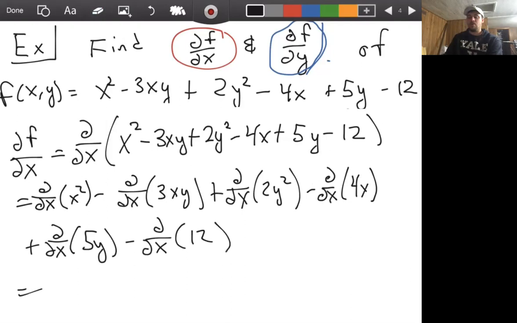And so we'll get to the point where we don't have to write out partial x every single time, but to get the idea of using differentiation rules that we're used to, it's helpful to do this.